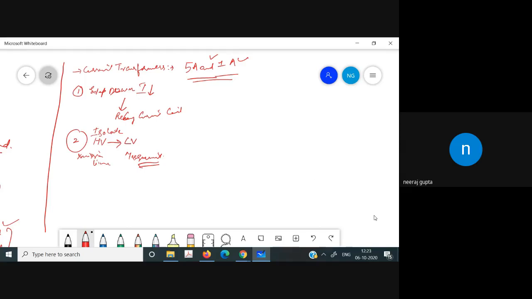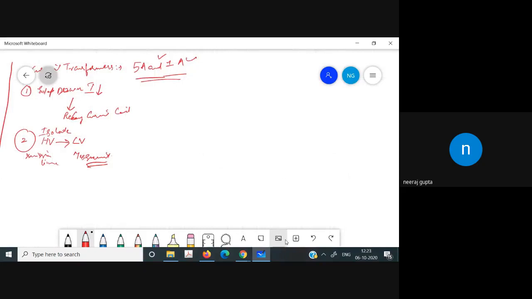This is the main function of the current transformers. Let us take the diagram of this current transformer.